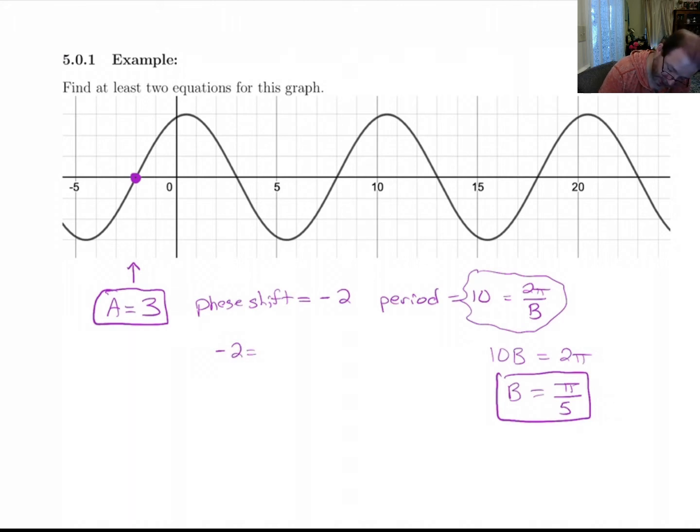And phase shift is C over B. B in this case is pi over 5. So -2 equals C over pi over 5. C divided by pi over 5 is 5C over pi. So C is going to be -2 multiplied by pi divided by 5. So that's my C.